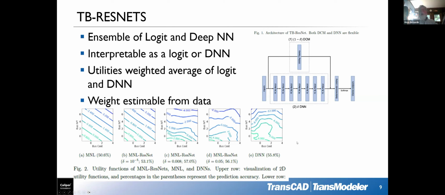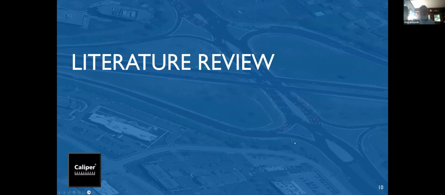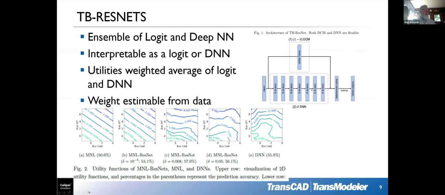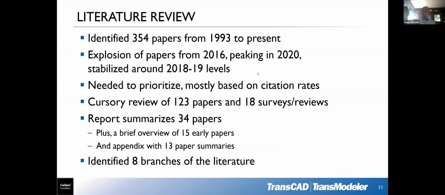So this is the broader framework, but the question that we're trying to answer here, I should go back to, on the neural network side of this ensemble, is what is the best architecture, right? So we're reviewing the literature on neural networks for destination choice. We identified over 350 papers, starting, believe it or not, in 1993 through the present.